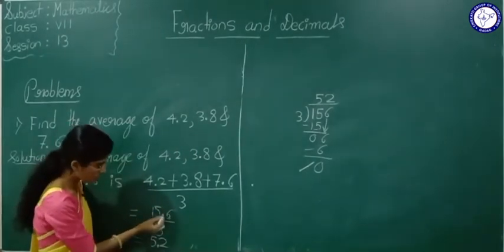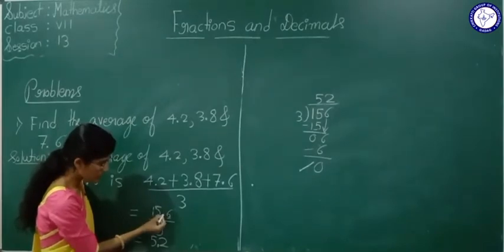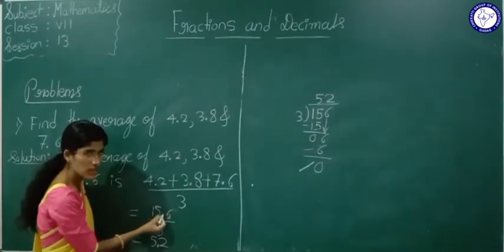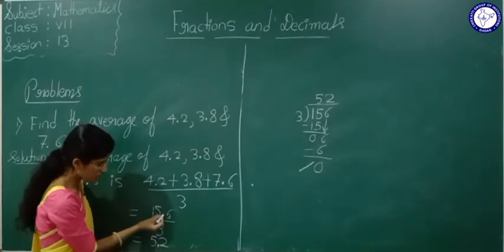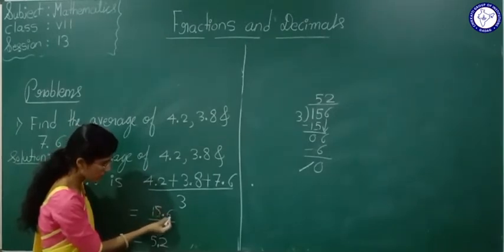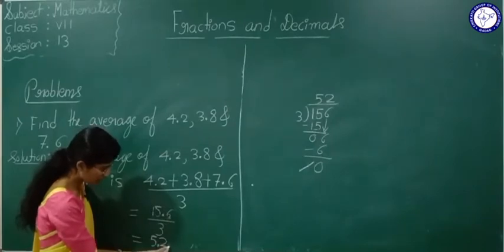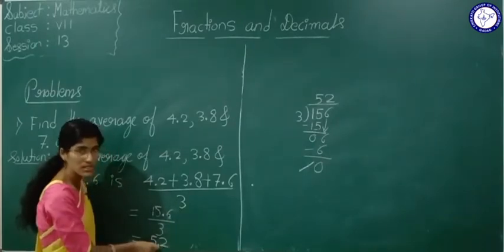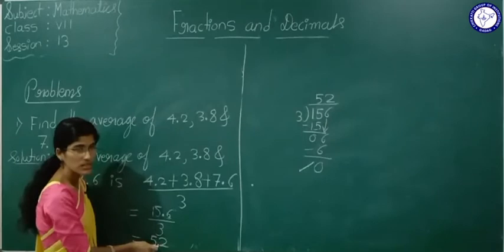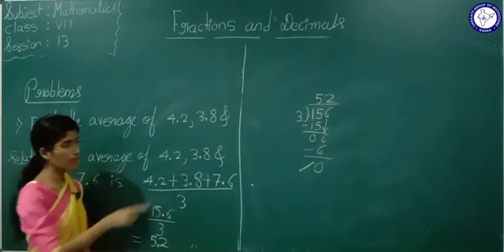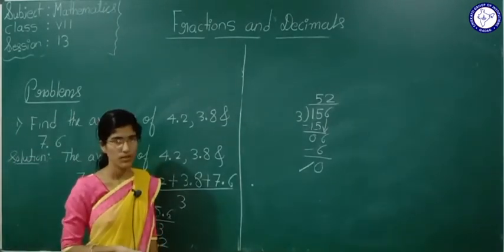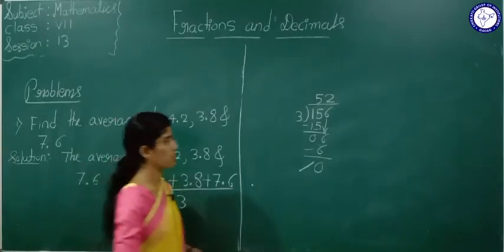Afterwards put the decimal point in such a way that, after the decimal point in the number, how many digits are there? 1. From the back side, after one place you put a decimal point. This rule is applicable only when the remainder we are getting is 0. Otherwise, no.